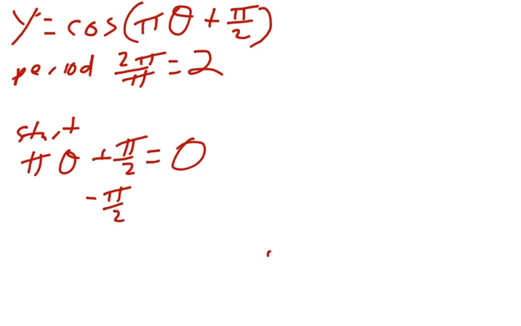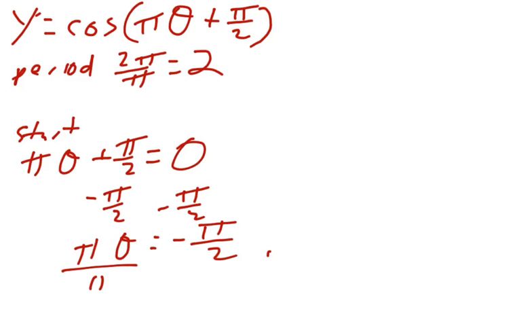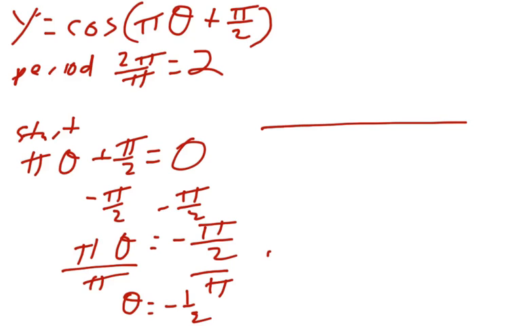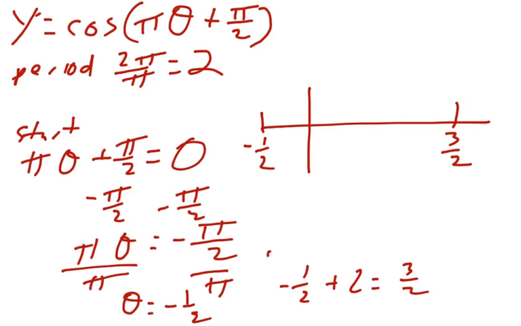Subtract pi over 2 on both sides, and we have pi theta equals negative pi over 2. When I divide both sides by pi, theta equals negative 1/2. So that's negative 1/2. Negative 1/2 plus 2 equals 3/2. So that's where I'm going to end it.